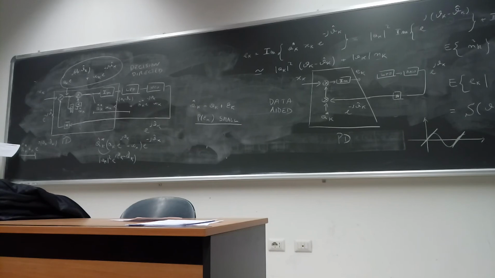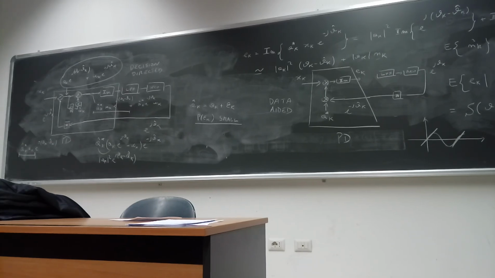This means that hat A is equal to A. But if the phase of this term is non-zero, then what I get from the imaginary part is not only the error, it is the error plus the phase difference between hat A and A. And this is not amplitude modulation.